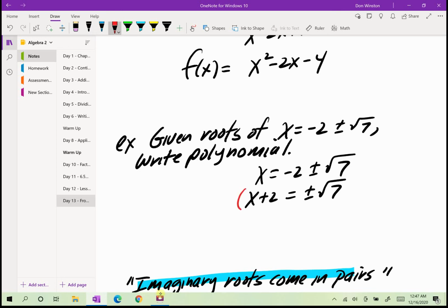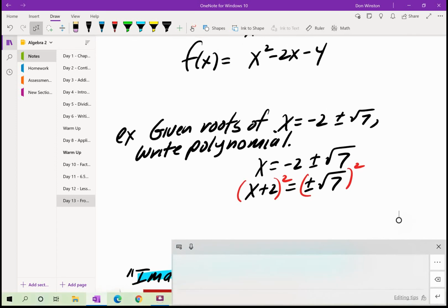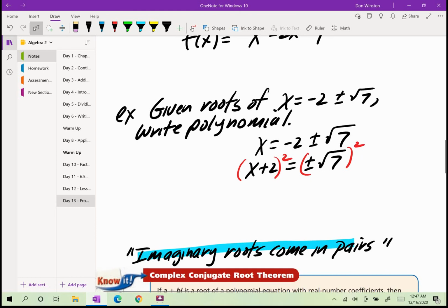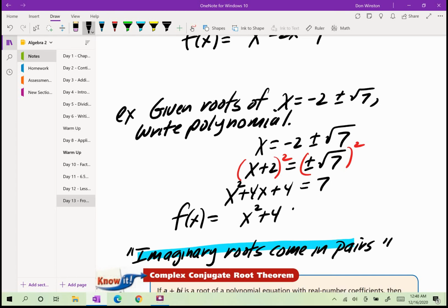Now I'll square both sides, and FOIL the left side. So x plus 2 squared is x plus 2 times x plus 2, or that's going to be x squared plus 4x plus 4, and the square root of 7 squared is just 7. And then when I subtract 7, I'll have x squared plus 4x minus 3.